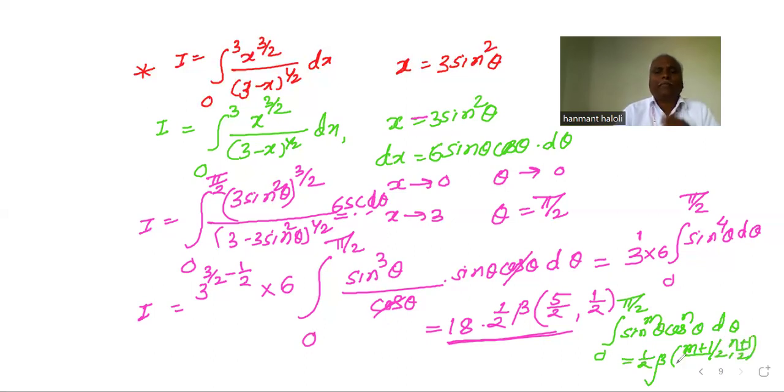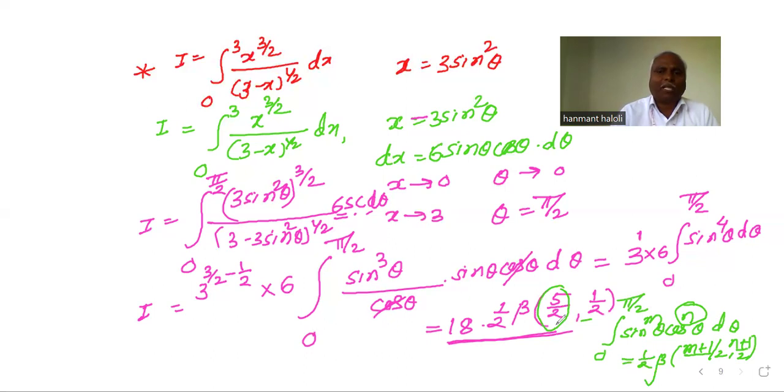This formula we applied here. Since the cos power is not there, n equals 0 and m equals 4. 4 plus 1 is 5, so 5 by 2 you got here, and putting n equal to 0, 0 plus 1 by 2 gives 1 by 2.